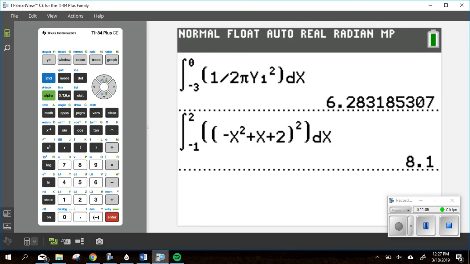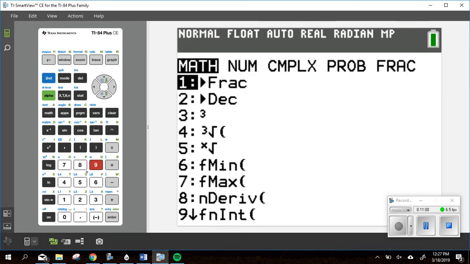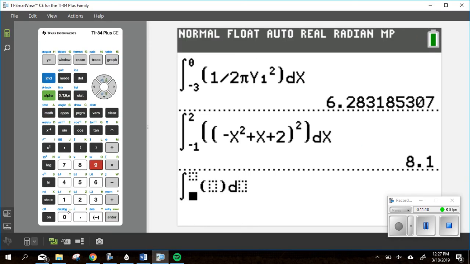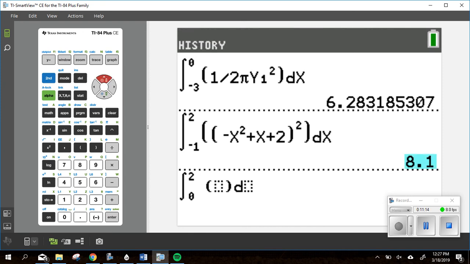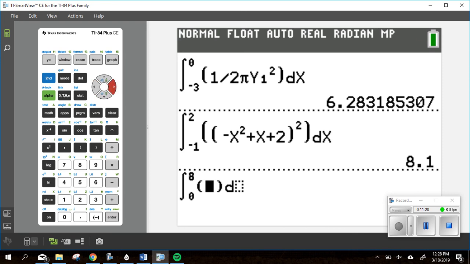And so to type this in, I know what the answer is going to be, but just so we can see it, Math 9. We are going from 0 to 8. Inside the parentheses, it's 1/2 base squared. So if I wanted to, I could type it in as y1. I'm just going to type it in right here, 2 minus y to the 1/3 power.